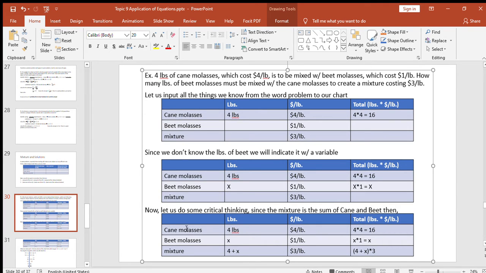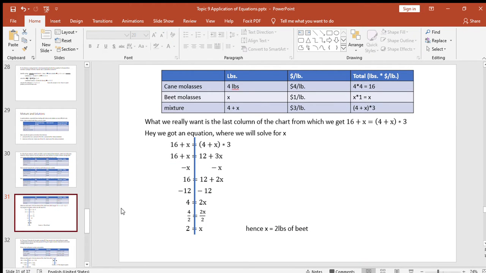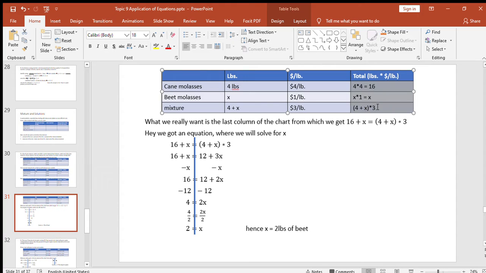Now that we've filled up all the spaces in our chart, we can finally move on to the last step. What we really want from this chart is this total row. This is what we want.